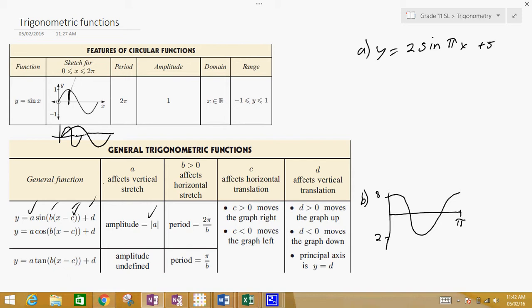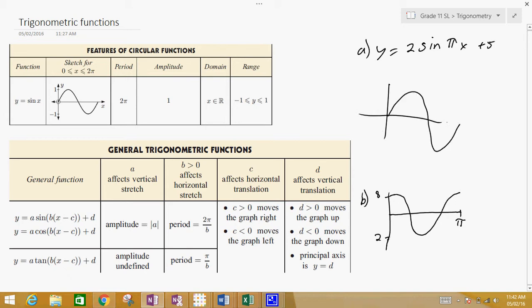So for instance, what happens if you have y equals 2 sine pi x plus 5? Well, we already know what our basic shape is. Our basic shape is, this is your sine function, where this is 2 pi, and it goes between 1 and negative 1. So if we're looking at this, this is your b value.